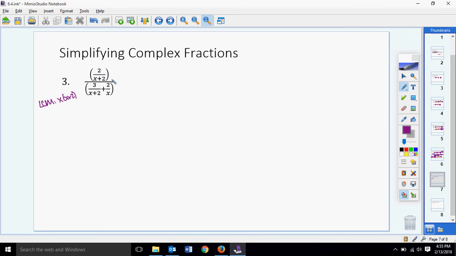I don't have to worry about my numerator. I'm not adding it with any other fraction. So my numerator is staying the same: 2 over x plus 2. Now I need to worry about rewriting my denominator with a common factor. So 3 over x plus 2 and 2 over x. I need these guys to look like they have denominators of x times x plus 2.